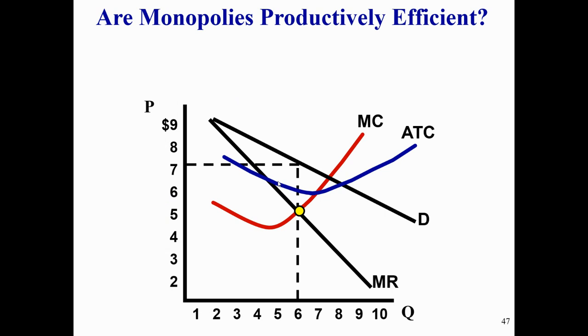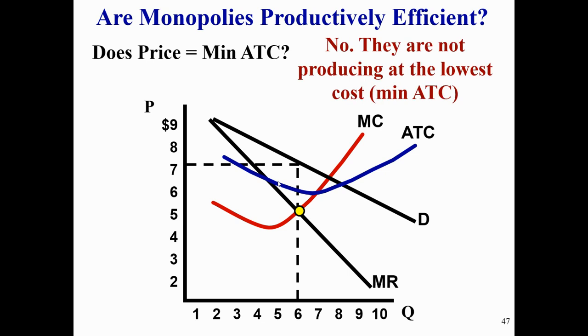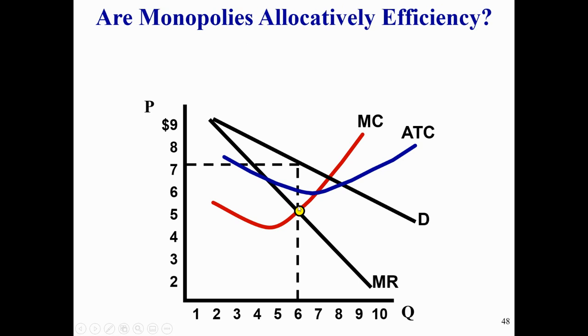Now, are monopolies productively efficient? Does the price equal the minimum of average total cost? No, they are not producing at the lowest total cost. The total cost is here, and they are producing at the yellow part, which means they are always producing at a fewer quantity.